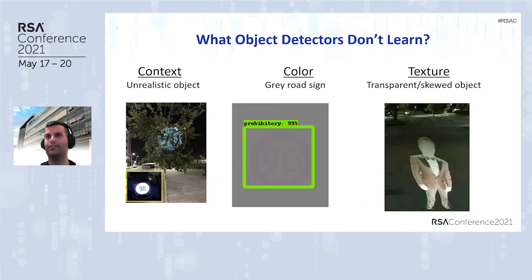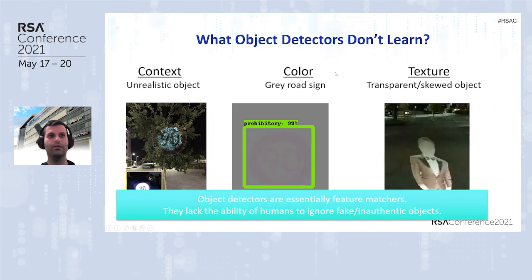You can see how transparent and in some cases even skewed objects are still considered by advanced driving assistance systems as real objects despite their texture. We concluded that object detectors are essentially feature matchers. They lack the human ability to ignore fake or inauthentic objects. Basically, they consider an object if it is similar to the objects that appear in the data set that they were trained on.